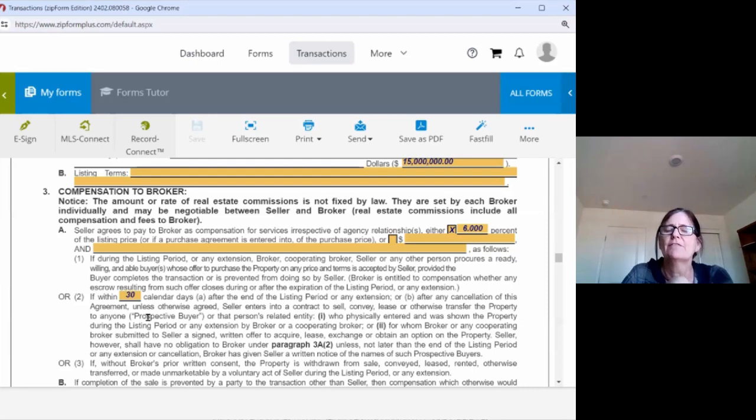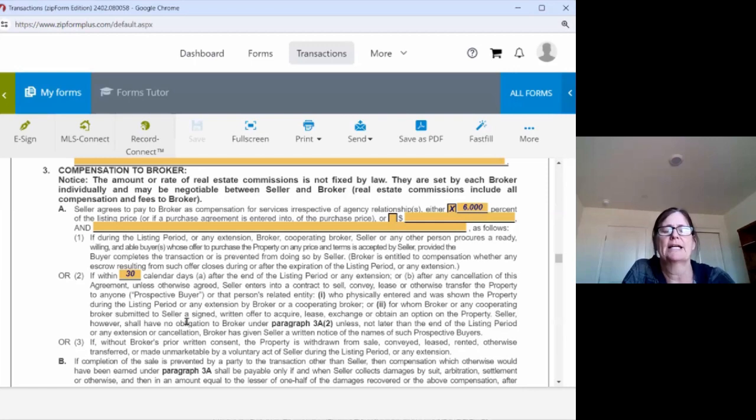Or if our listing agreement expires or is canceled within X number of days, so 30 days, 60 days, 90 days, if somebody who came into the property while it was listed or who submitted an offer while it was listed comes back and wants to buy the house within, say, 30 days here, then as broker, we still earn that 6%. So that is there to protect us.